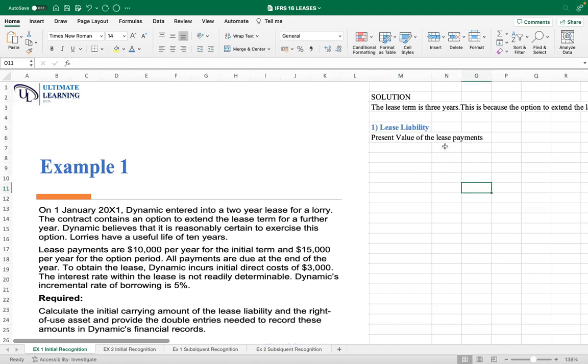Lease liability is the present value, that means we have understood it, of the lease payments. The present value of the lease payments. Now, in managerial finance or financial management, we know how to calculate present value. You will show the date or the period. You will show the cash flows.